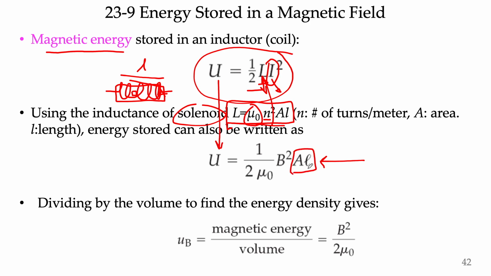Area times length is the volume of anything like a cylinder, and a solenoid is something like a cylinder. This is L, this is the area. If you multiply A times L, it gives you the volume. If you divide by the volume, you will only get this part, which gives you not the total energy, but the energy density.